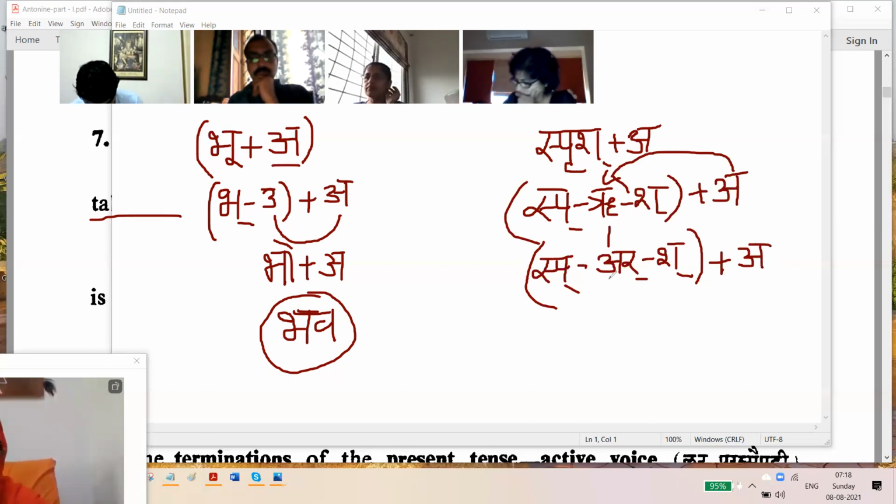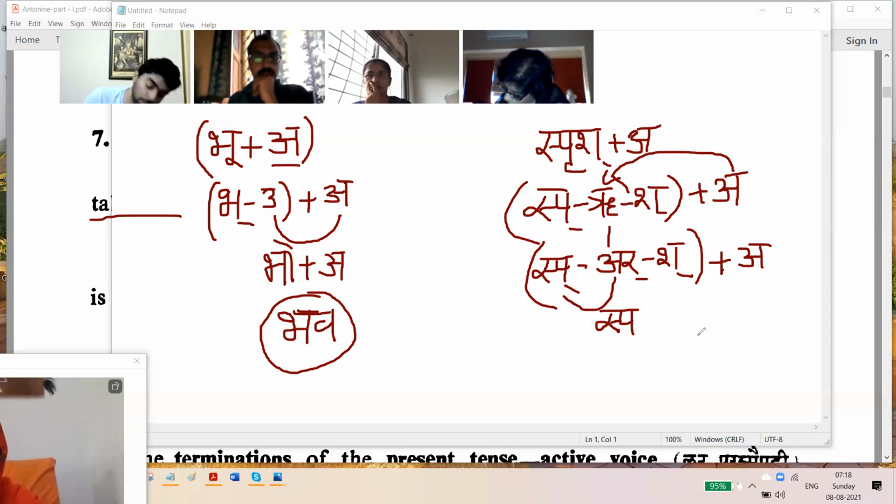Now this akara will join half spa, so it becomes full spa. And what will happen to half refa? It will come on top of sha.